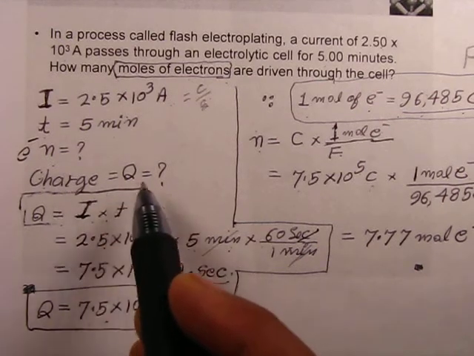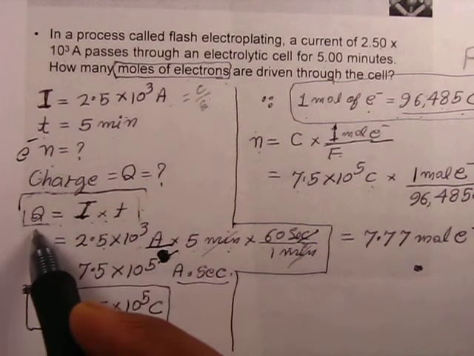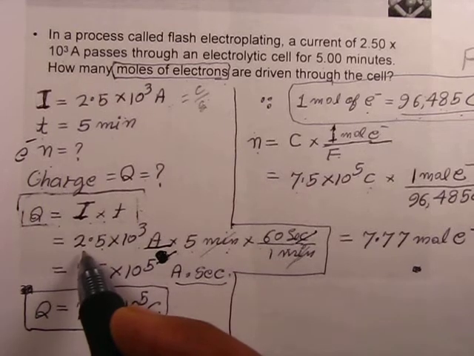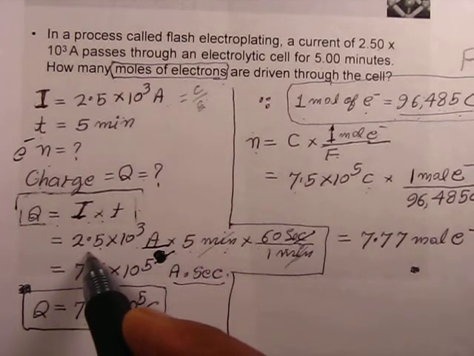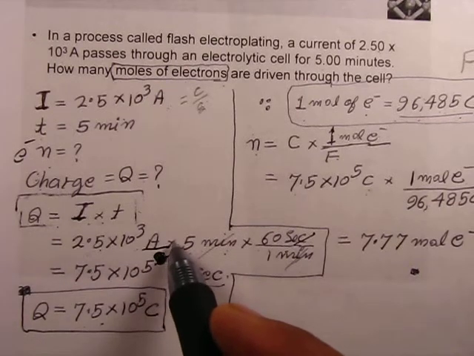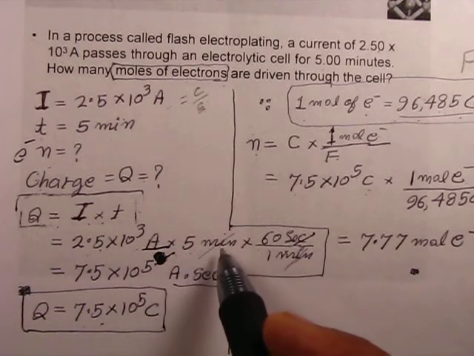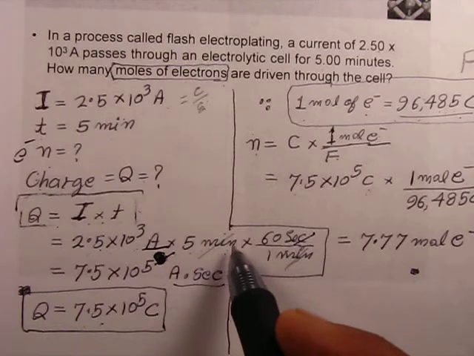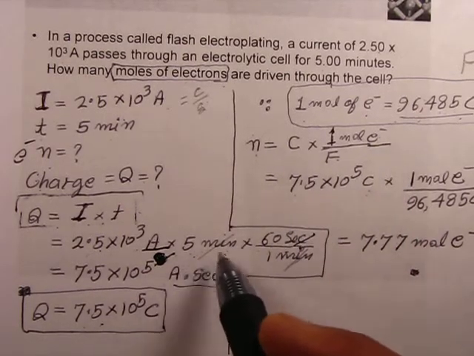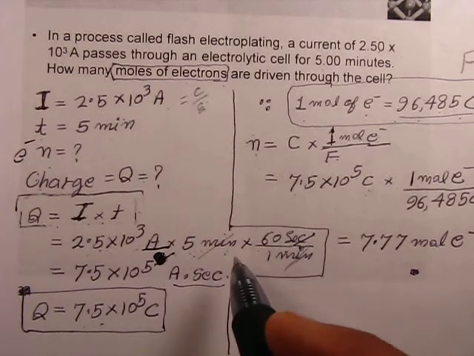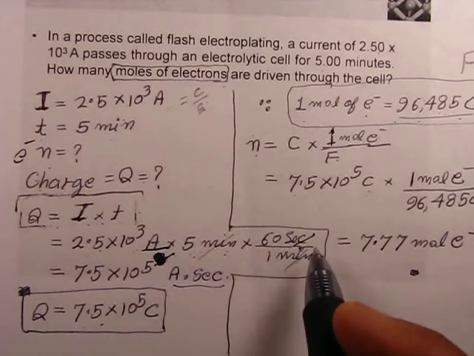So charge is Q, and Q is equal to IT. With this formula, I is given, 2.5 times 10 to the power 3 ampere, multiplied by time, which we have to convert into seconds because it is given in 5 minutes. So 5 minutes multiplied by 60 seconds converts time into seconds.